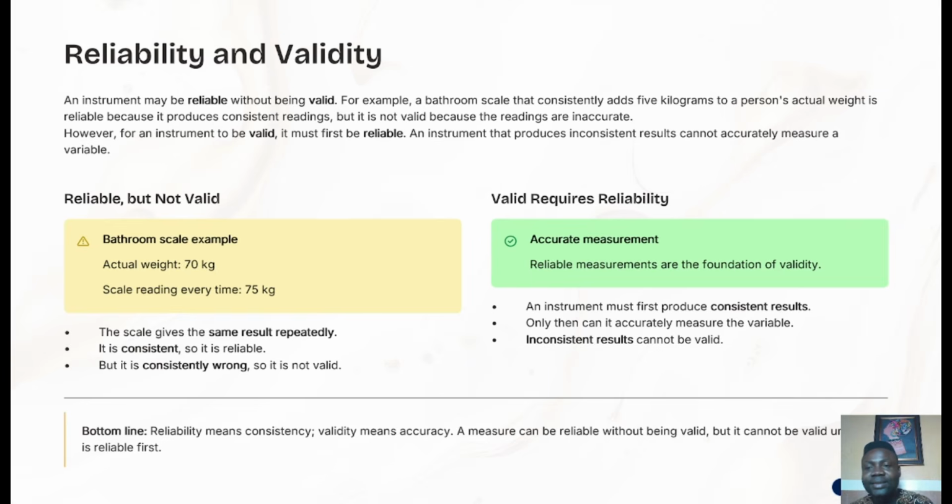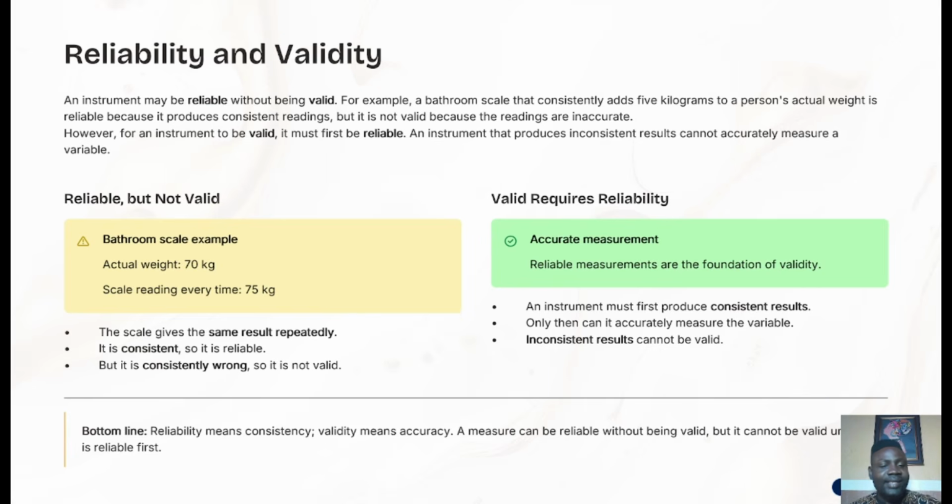And it does it accurately, it does it consistently anytime it measures anybody. If somebody is 80, the person will see 85. If somebody is 70, the person will get 75. That particular scale is reliable but not valid, because the result it is giving us is not the actual weight of the people climbing it.